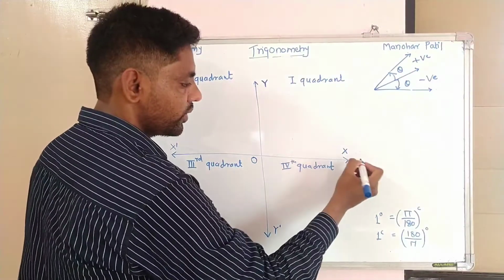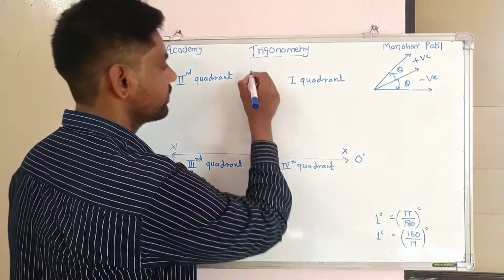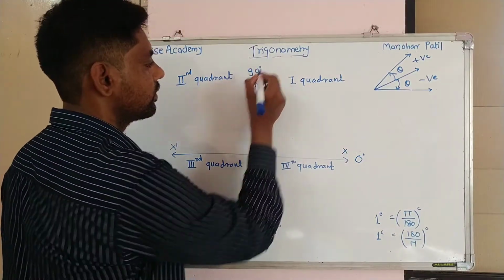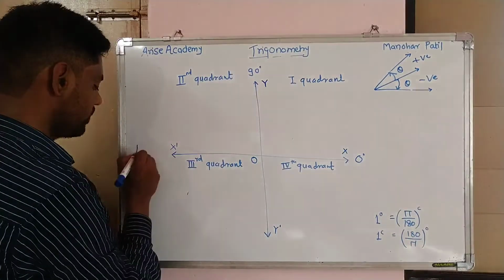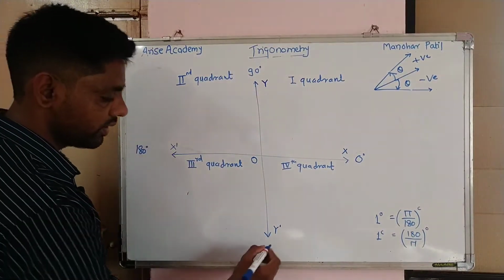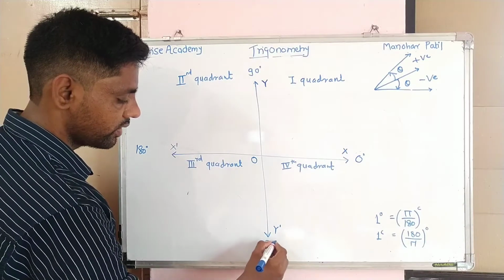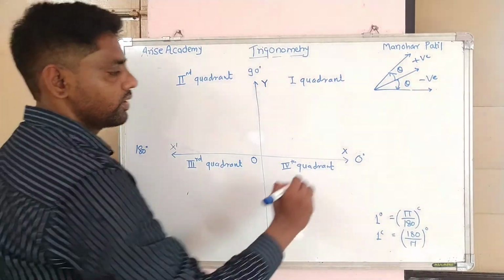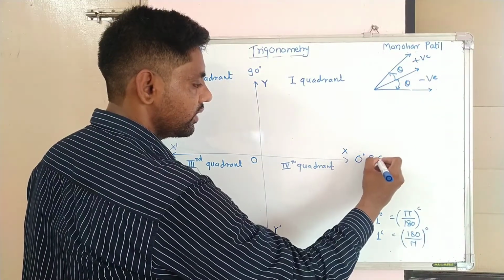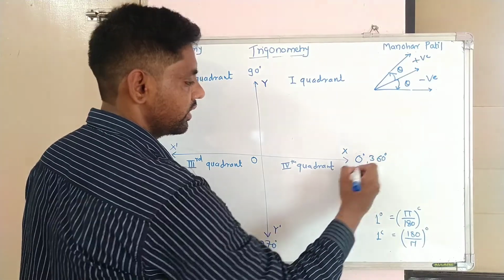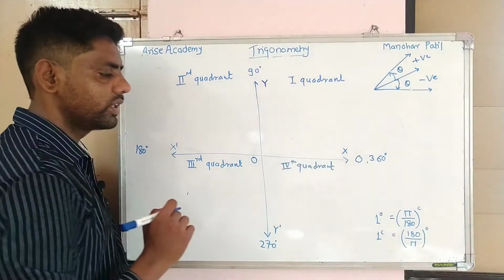So we can write the angles: 0 degree, 90 degree, 180 degree, 270 degree and 360 degree. So we write them in degree form.